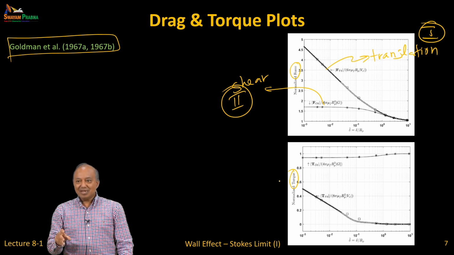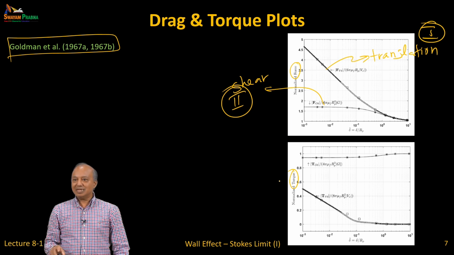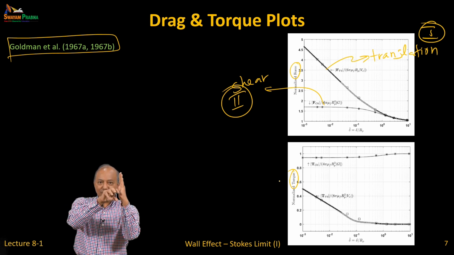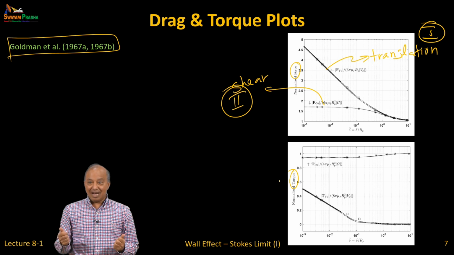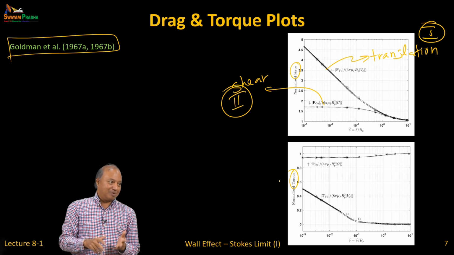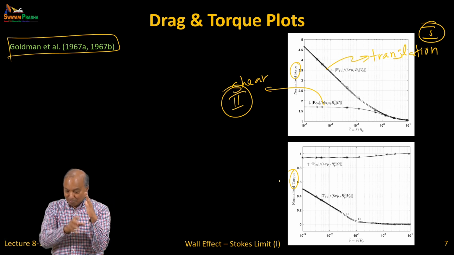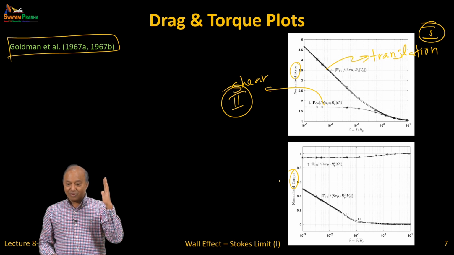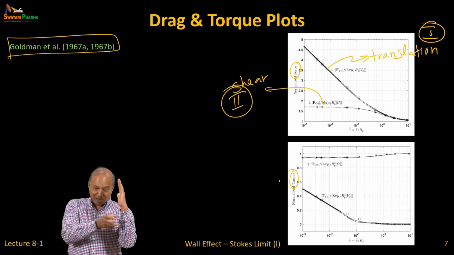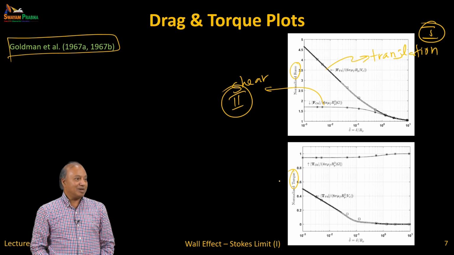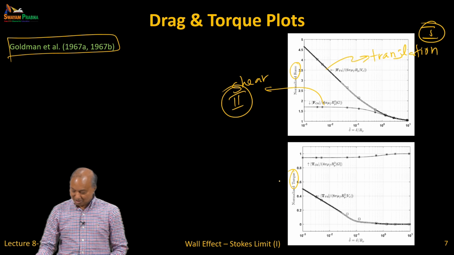Now, it's interesting that somebody asked yesterday the question: the particle moving is now spinning, so it may have a Magnus effect at finite Reynolds number, not at zero Reynolds number, but at finite Reynolds number, the spin because of the wall. So the wall may directly want to push it, but also by making the particle spin, it may add additional lift on the particle. Okay, so interesting thing.